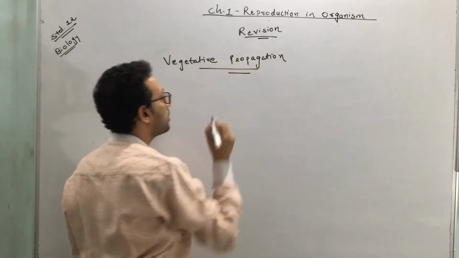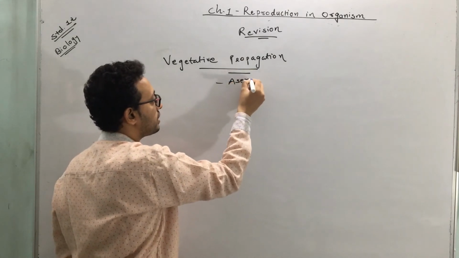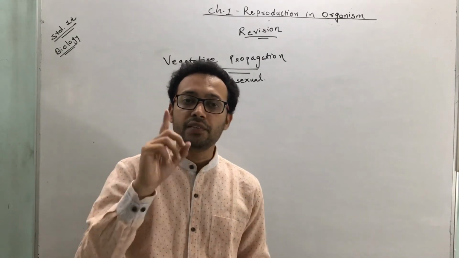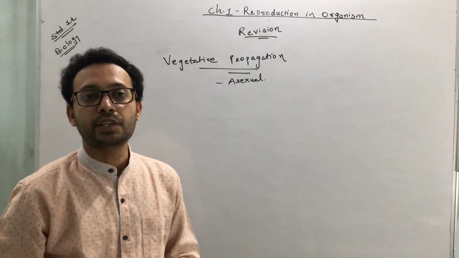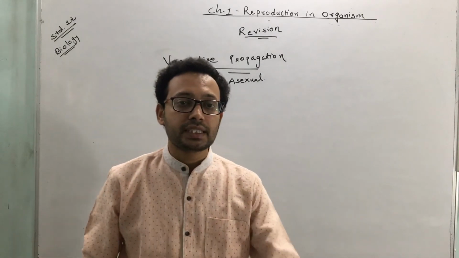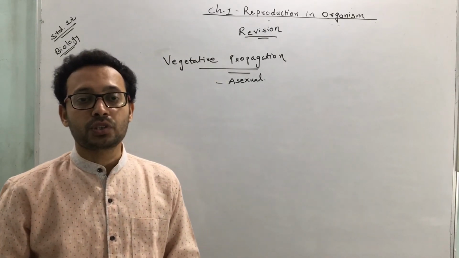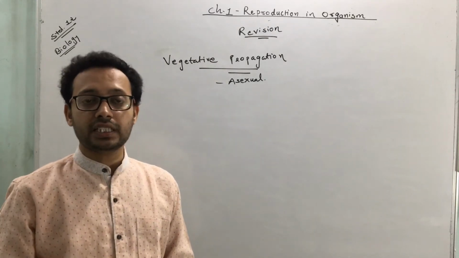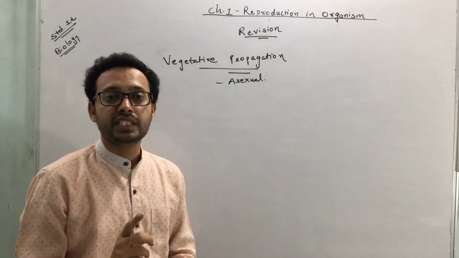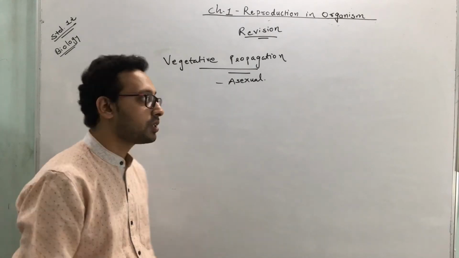Vegetative propagation is an asexual mode of reproduction. It is not a sexual mode of reproduction. It means only one parent is involved. Here a part of a plant like root, stem, leaf or other parts is involved in asexual reproduction, and the parts which are involved in vegetative propagation are called vegetative propagules.